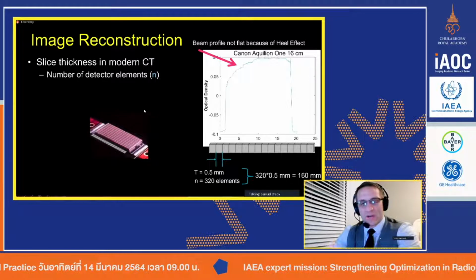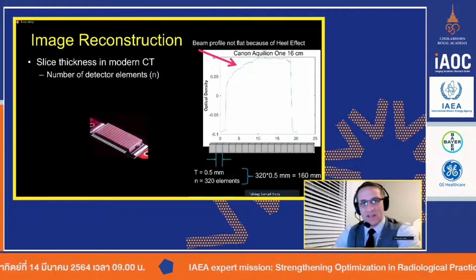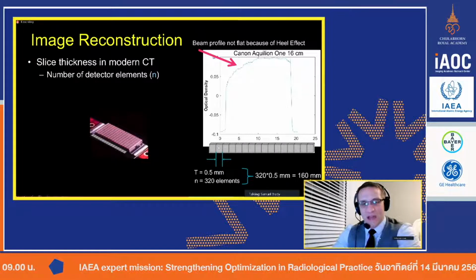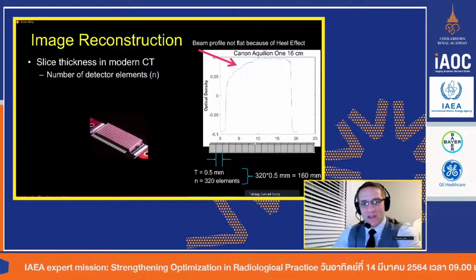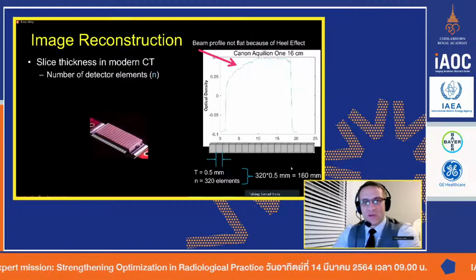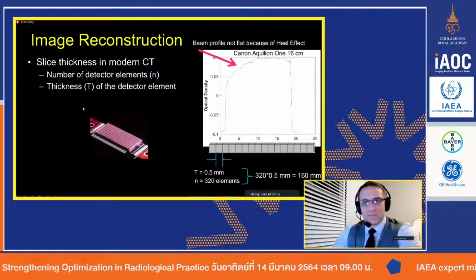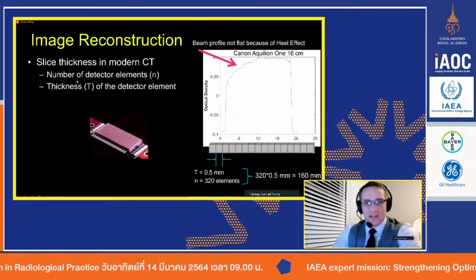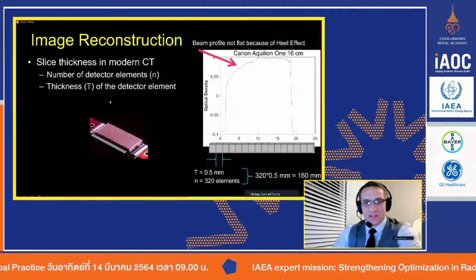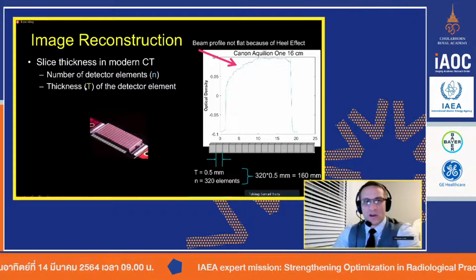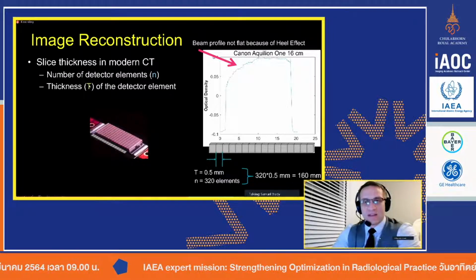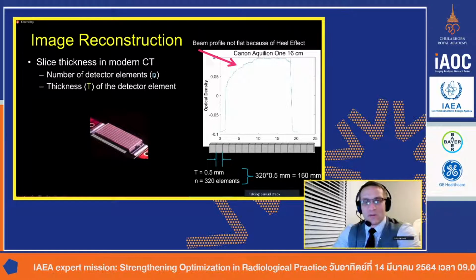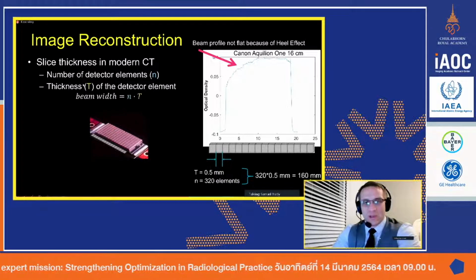When we talk about multi-slice CT, we are talking about combining each of these individual 0.5 millimeter detector elements, and that will give us the overall... forgive me, each of those individual detector elements is going to have a certain thickness, and that's what we label T. And depending on how many of them we use to acquire the image, the number, or N, will give us what we call beam width.